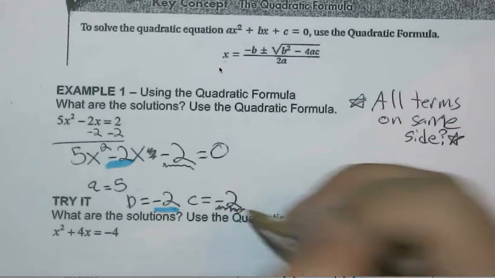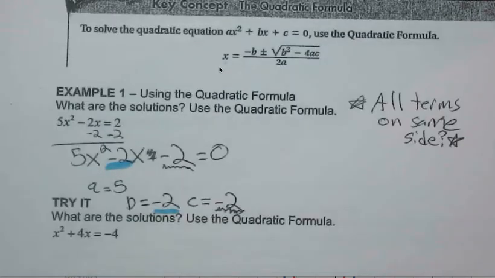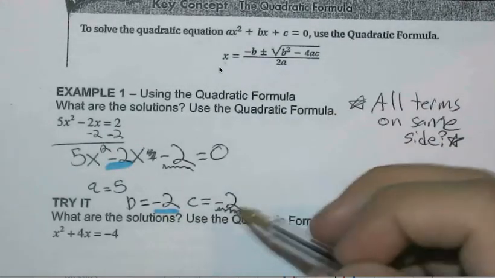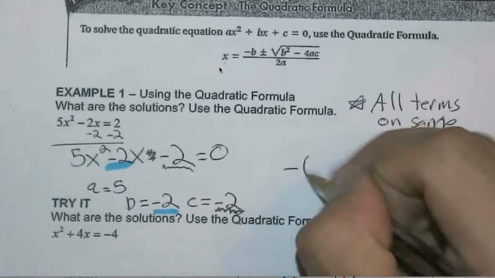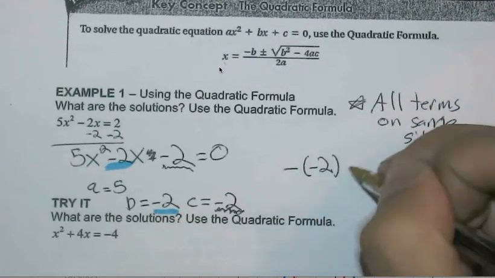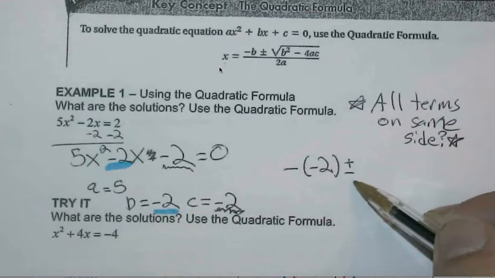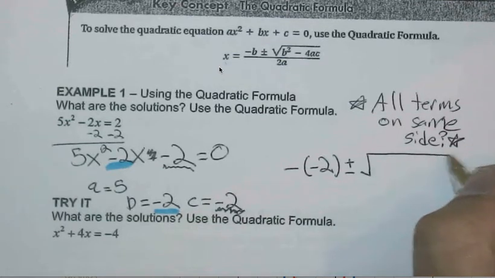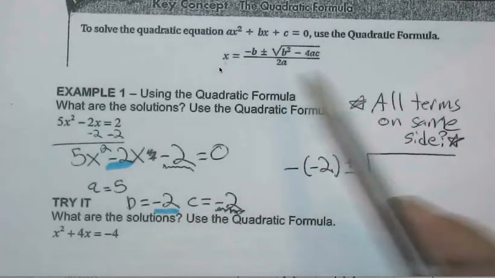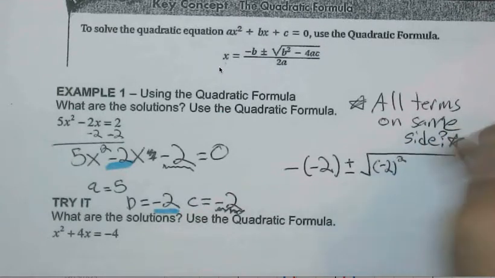And so now using the equation that we have here, everywhere that we see a variable, we plug in one of these numbers. So we take negative b, so negative, negative 2. We use plus or minus because as we saw from the Desmos, there are two solutions, or sometimes just one. That happens also. We have b squared, so this is going to be negative 2 being squared.